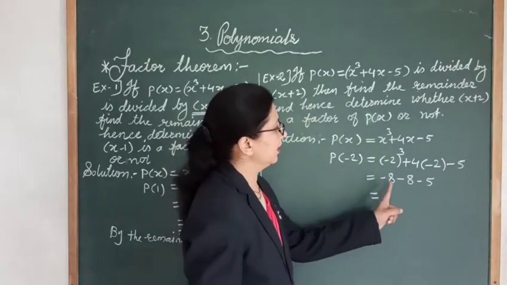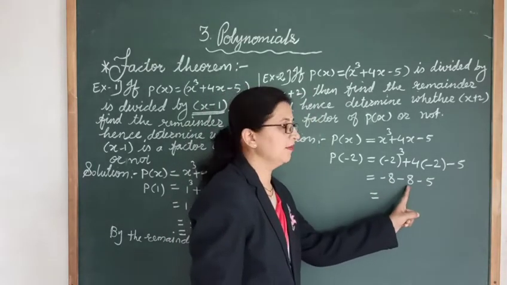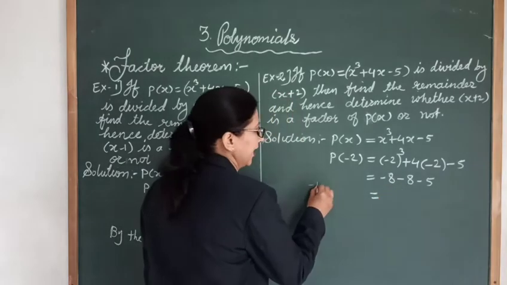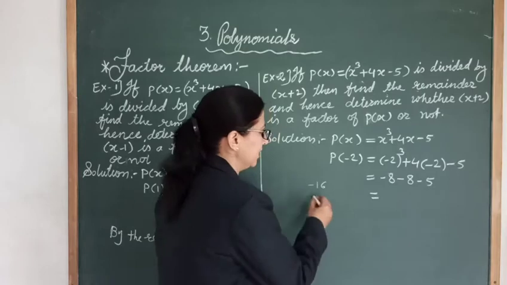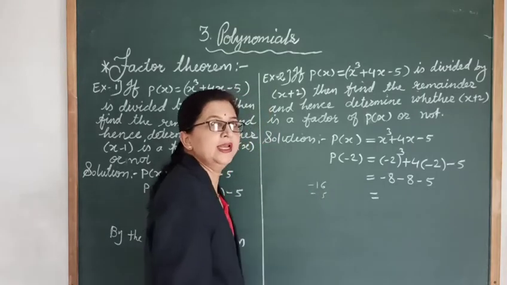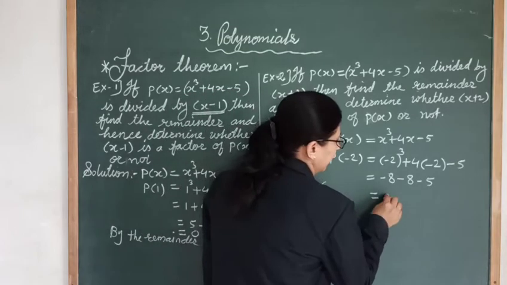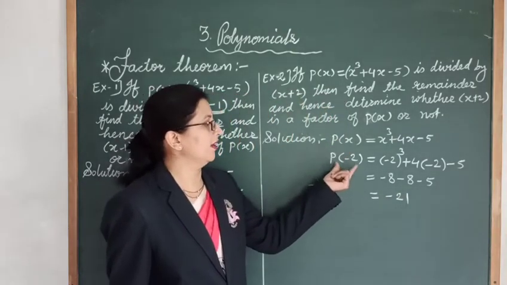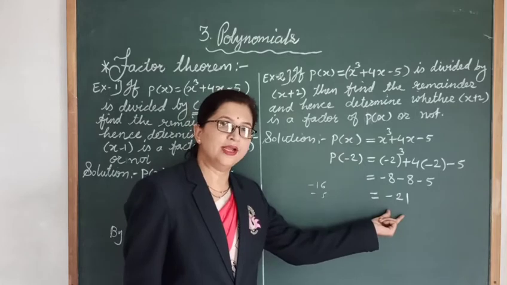Okay. So here negative 8 minus 8. Same sign, addition. That is negative 16 minus 5. Again same sign, addition, and the sign of the bigger number. So in this way, the value of this polynomial we got is negative 21.